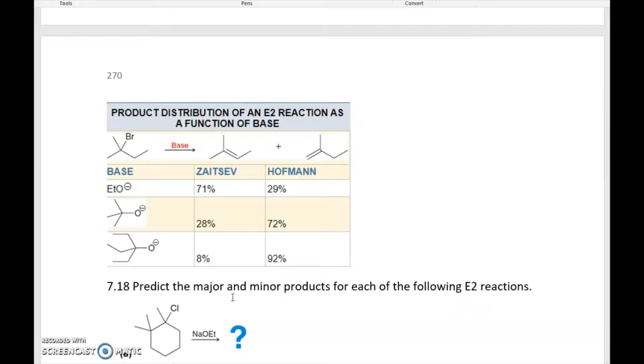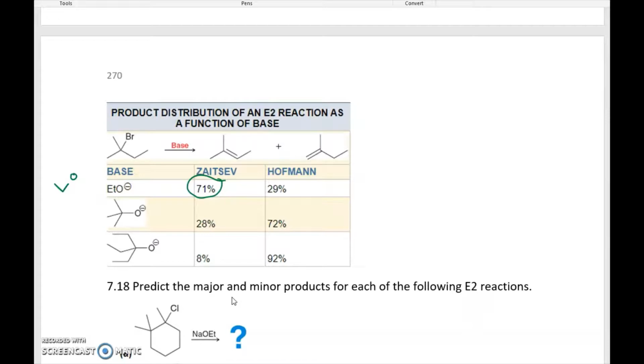And this is the distribution. If we have a non-sterically hindered base, so this is just a base that looks like that, we make mostly the Zaitsev.